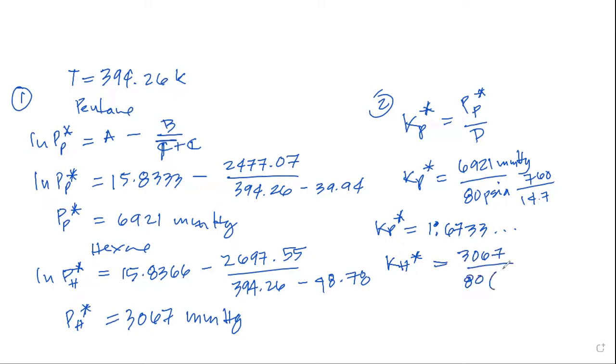Divided by 80 times 760 divided by 14.7. Yeah, the value of KH star is .74 something. Okay? Second step.